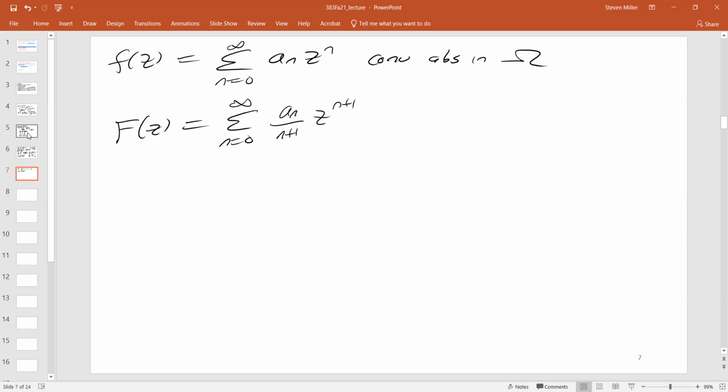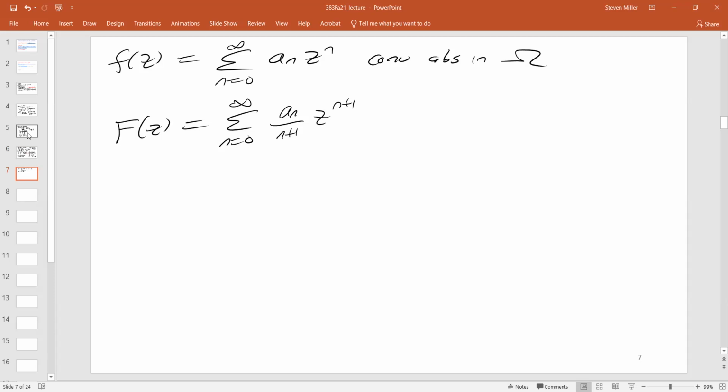It depends on what the a_n are. Term by term what? I know little f of z converges. Why do I know big F of z must converge? Just look at the two series. What can you tell me term by term is true about big F versus little f?